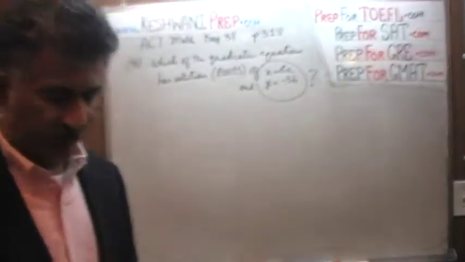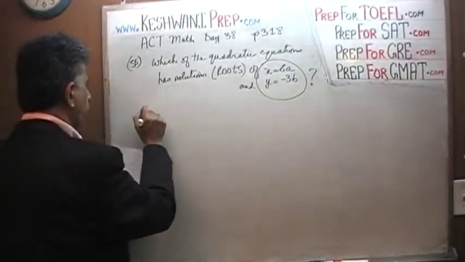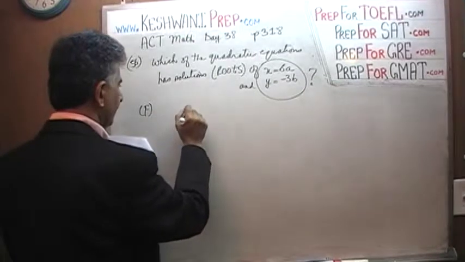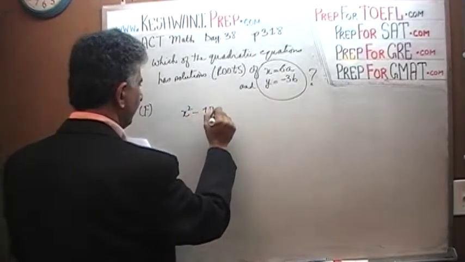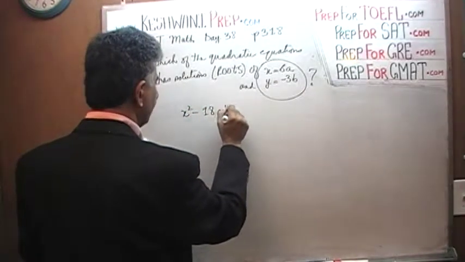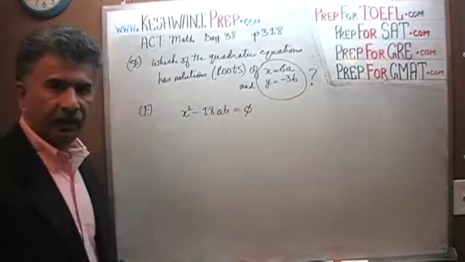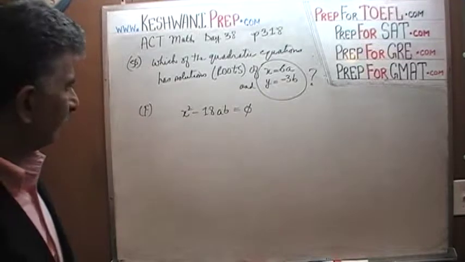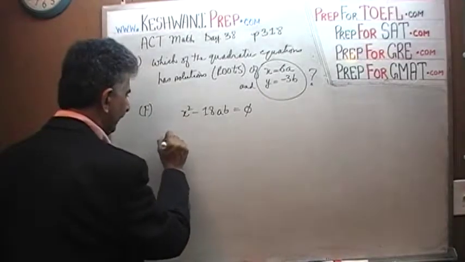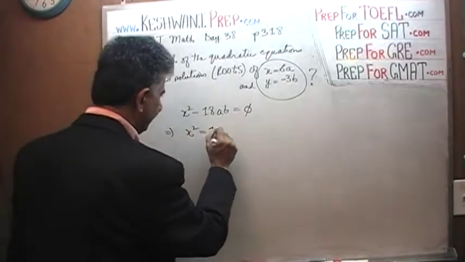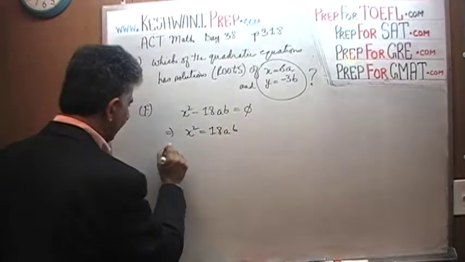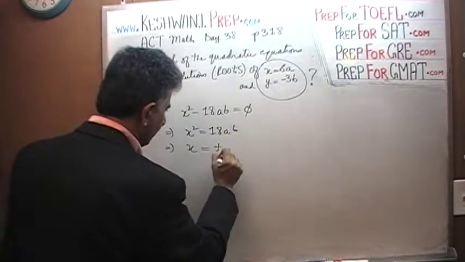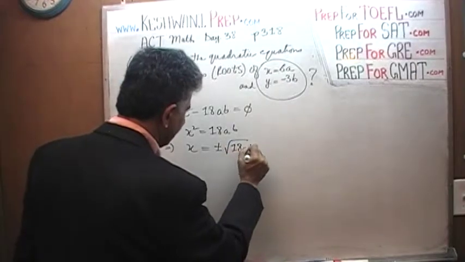Let's look at answer choice F. F tells us that x squared minus 18ab equals 0. But in that case, this implies that x squared is equal to 18ab, in which case x is going to be positive or negative the square root of 18ab.